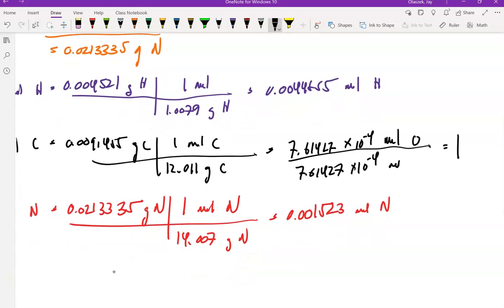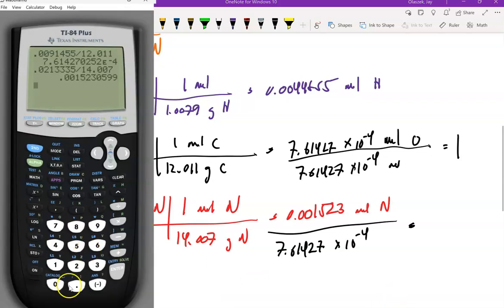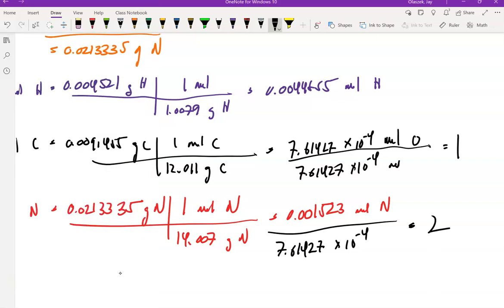Let's do the same thing with the rest of these. 0.00153 divided by 7.61427 times 10 to the negative 4. And we get 2.